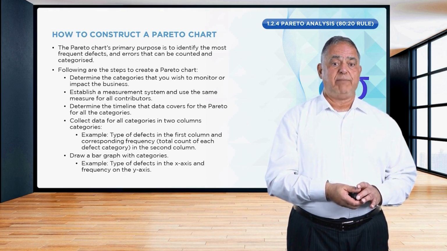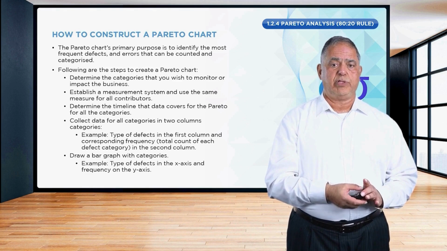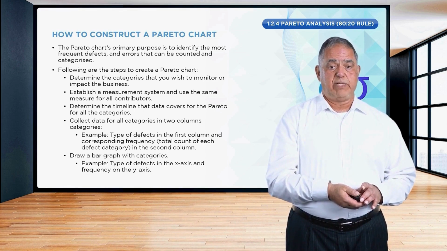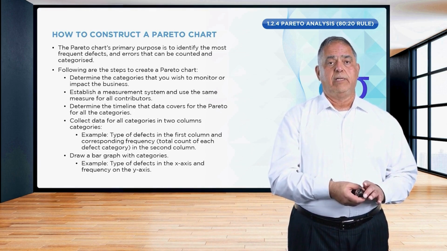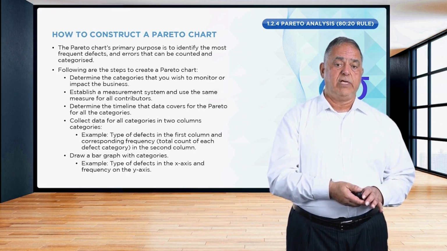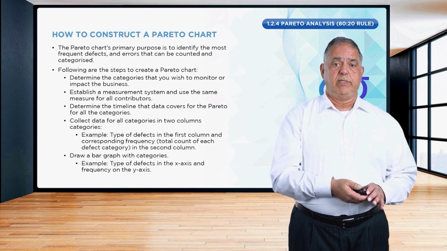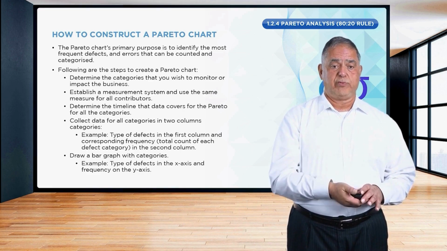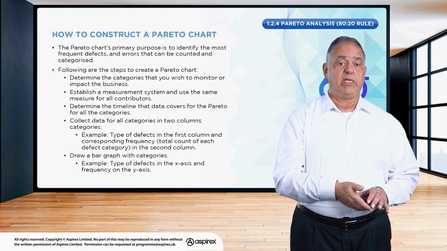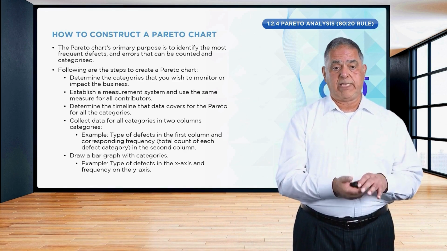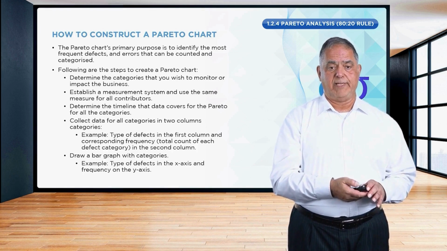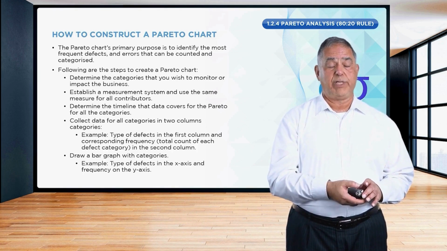We want to establish a measurement system and use the same measure for all contributors. We have to establish a timeline that the data covers for all the categories illustrated on the chart. We collect data for all categories in columns, and finally we draw the Pareto chart. We draw a bar graph with the categories.